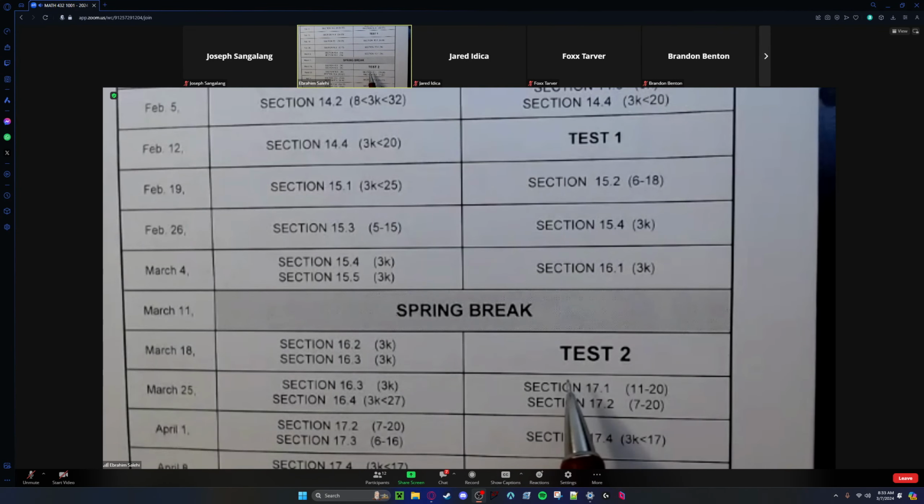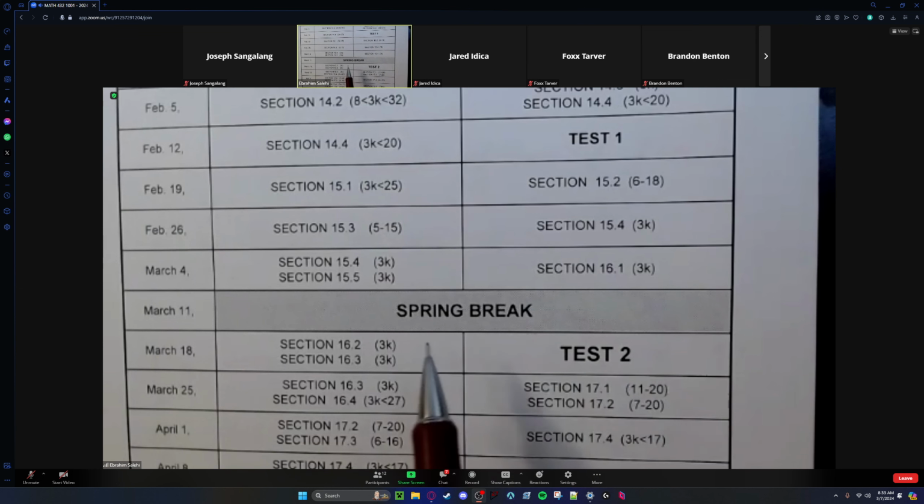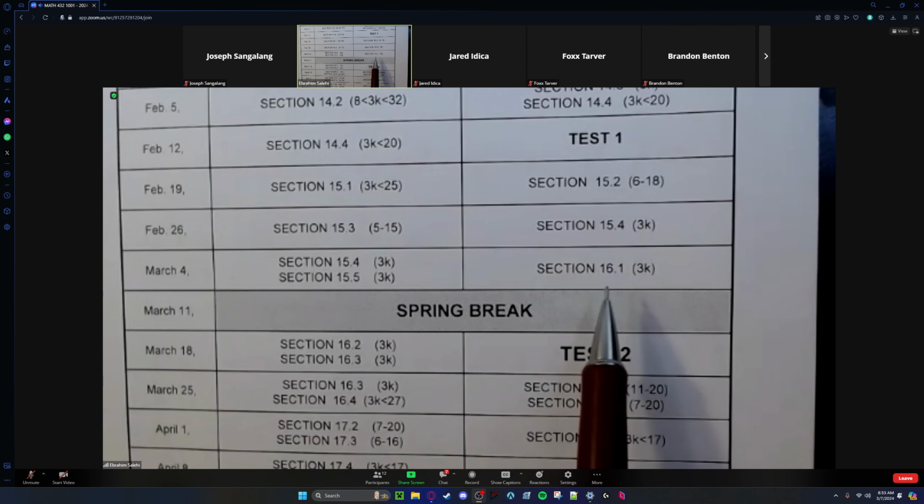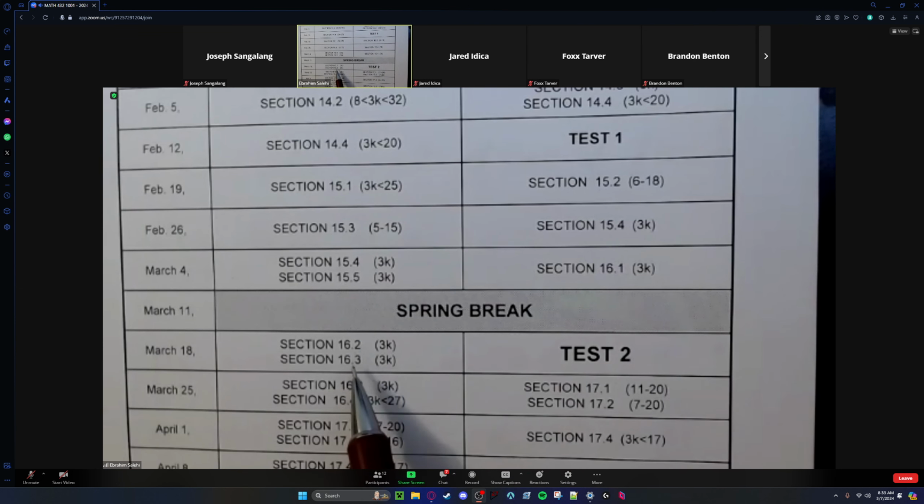Since the Thursday after your spring break, you have a test, and that test is going to cover sections 16.1, 2, and 3. Today, I will basically talk about these three sections, although I have already talked about 16.1, which is the Laurent series.